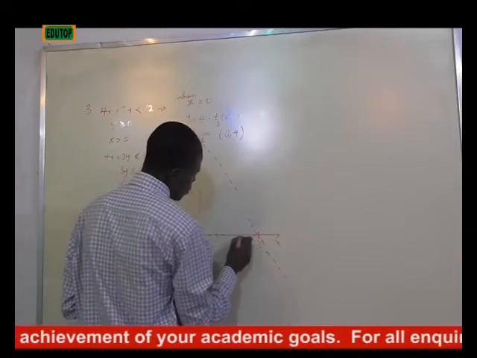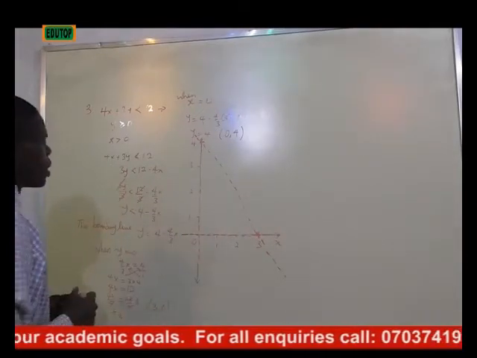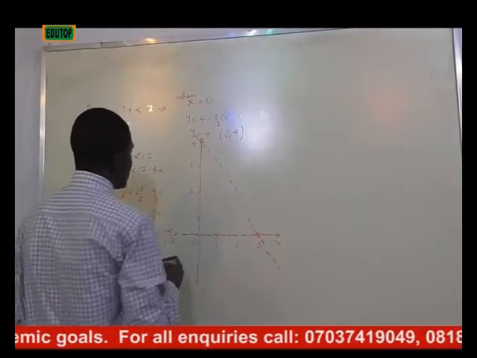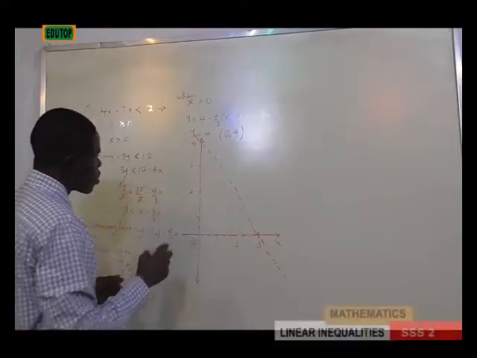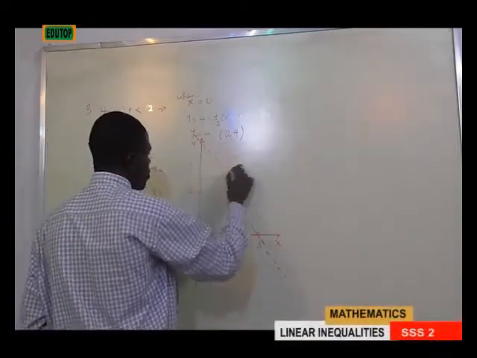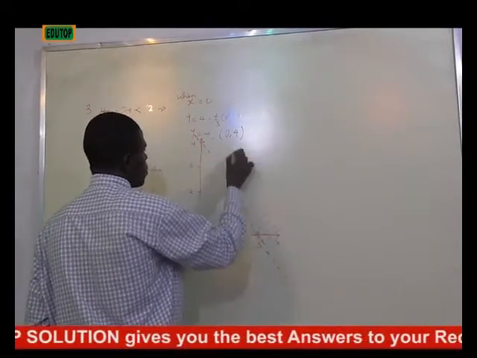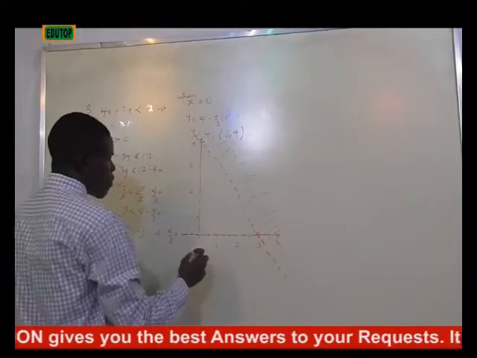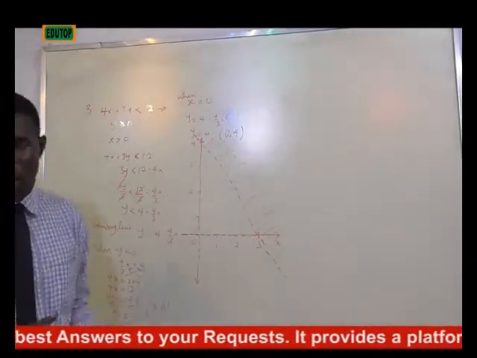That's the boundary line. So then that means this one will be the shaded region. Let's say this region is shaded.